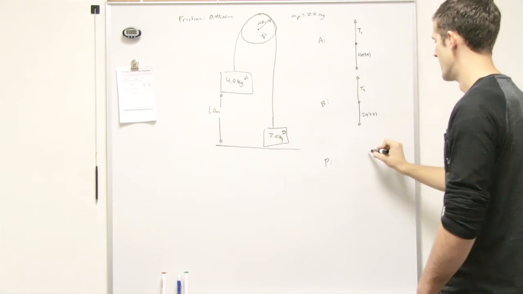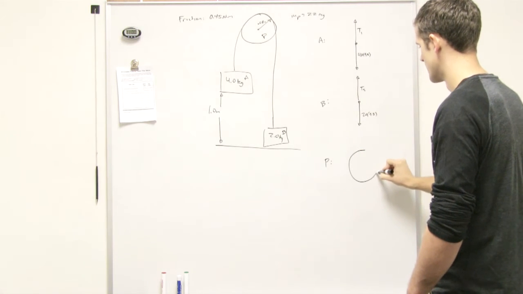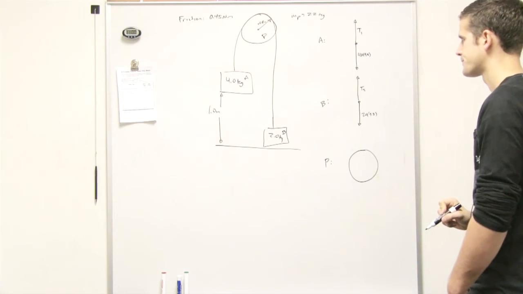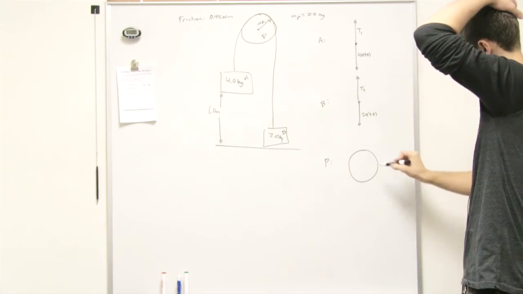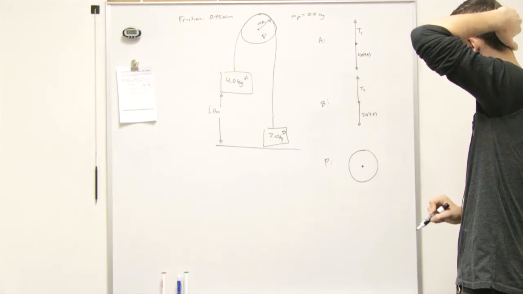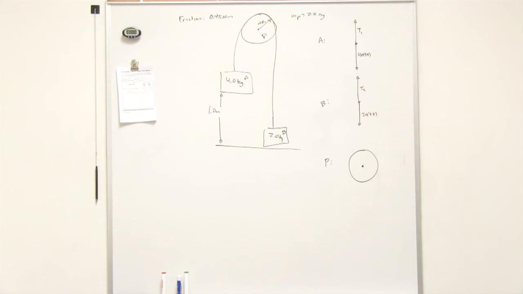This one is a little different. I have to draw it as the actual circle. What's pulling on it on either side? The rope.